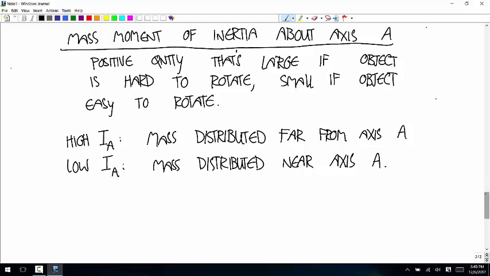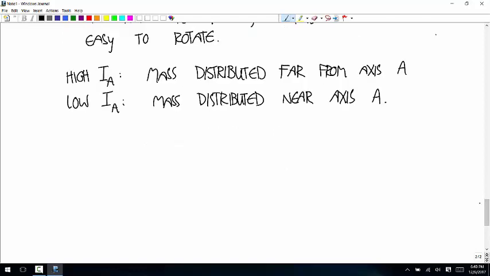Okay, so here's a good example of that, a gymnastics example. If you're going to do a double backflip on floor, there's a few different ways you can do it, and two of them are these two.